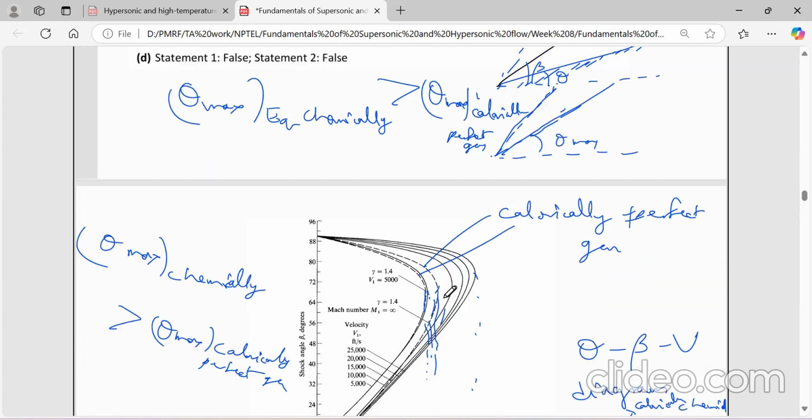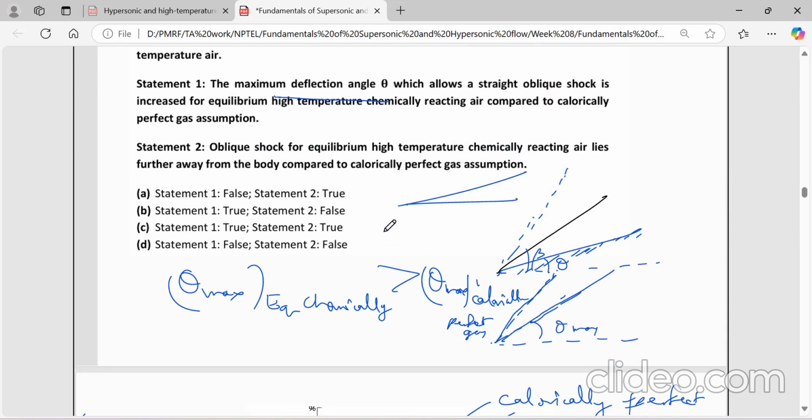And generally weak shock only occurs in nature. So statement 2 is talking about weak shock only. The oblique shock for equilibrium high temperature chemically reacting air lies further away from the body compared to calorically perfect gas assumption. So we have seen that it is not further away, it is nearer to the body. So this statement is false.